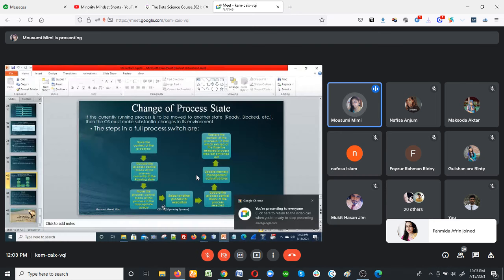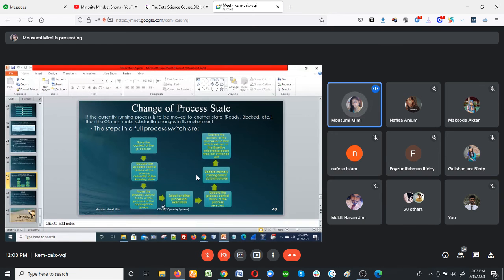When it goes for the interrupt process, another process control block Q is created, and there the current process is stored, and the processor will run the interrupt process. After completing the execution of the interrupt process, it fetches back the process which is in the waiting state, and it completes the execution.